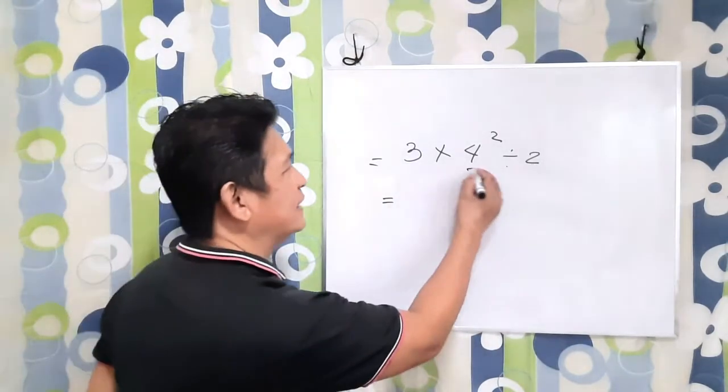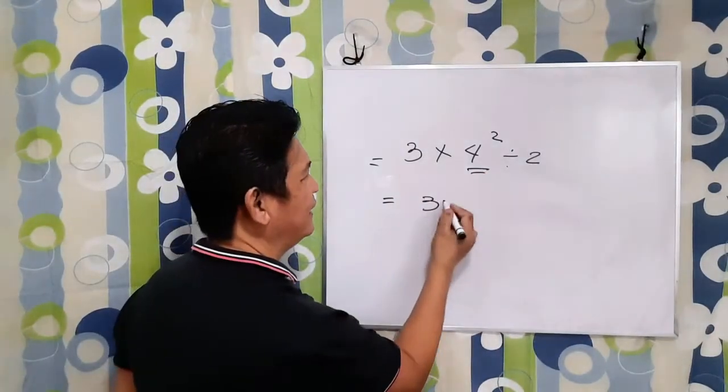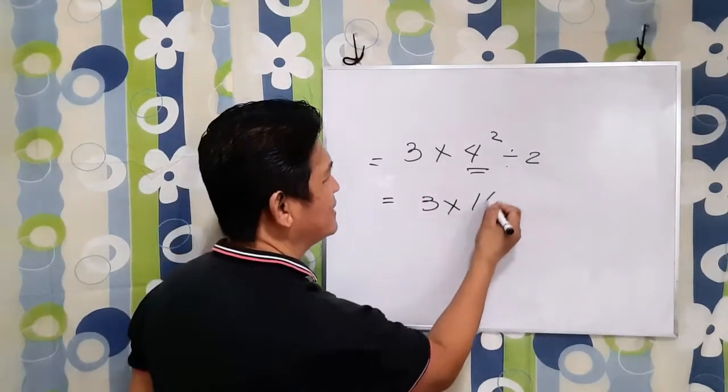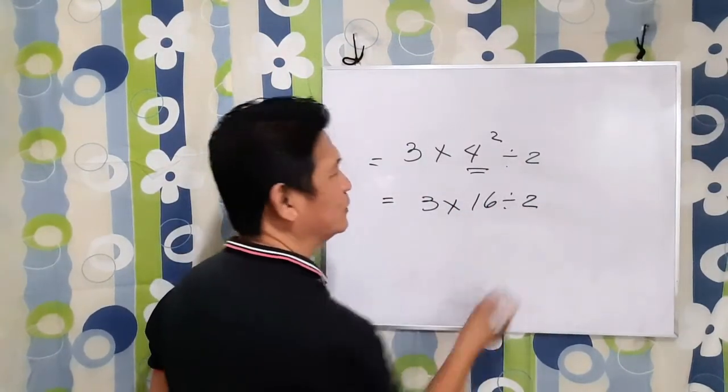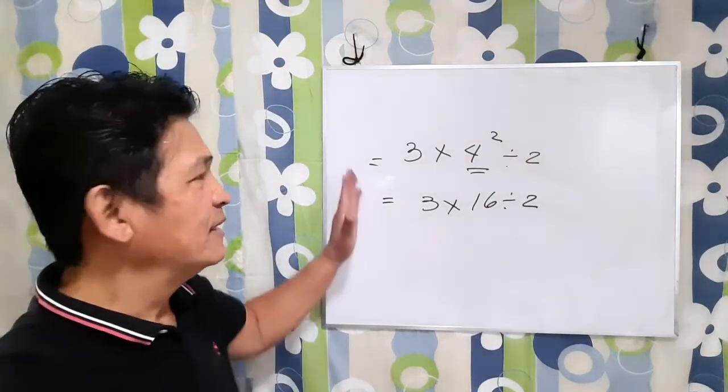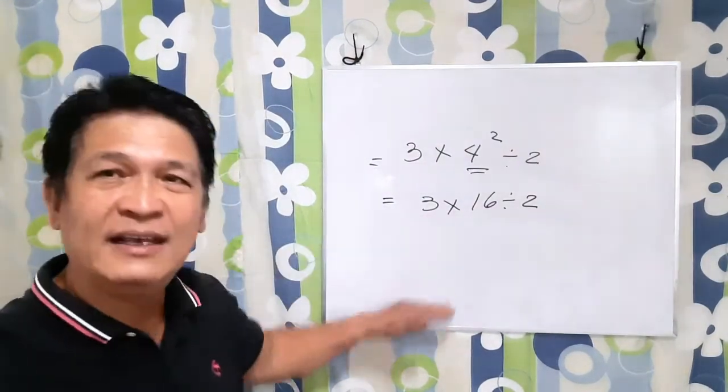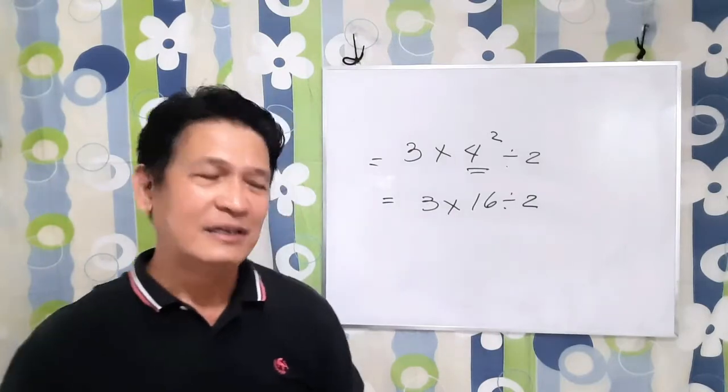So we do this first. So that will be 3 times 4 squared, and then we proceed with solving our problem.